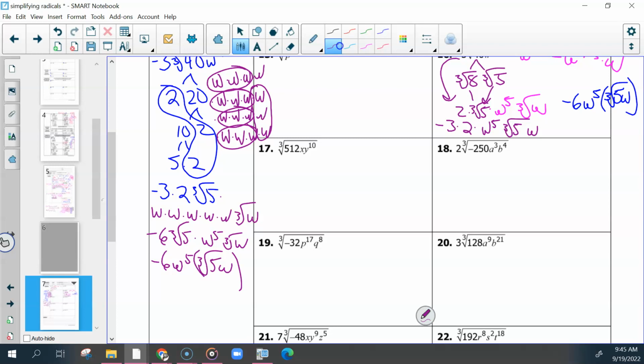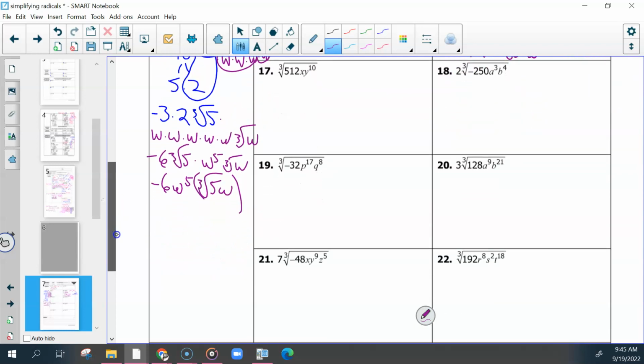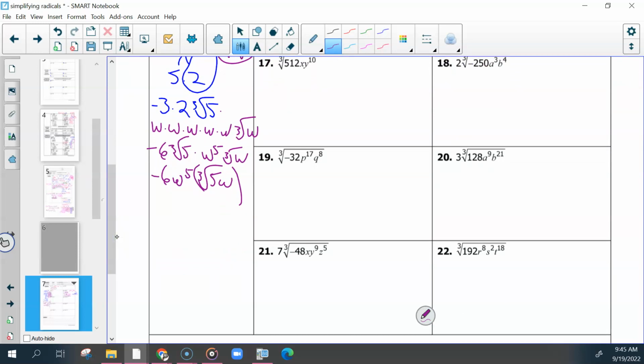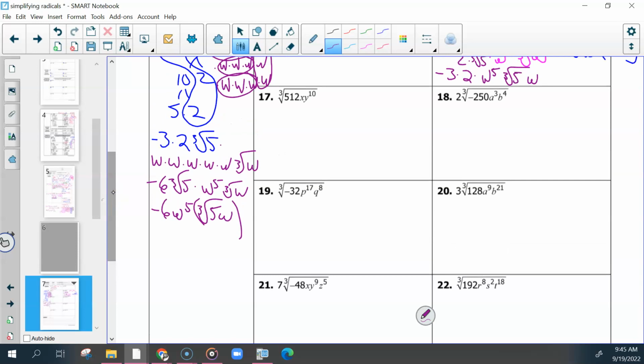Questions about that one? Either method? Find another one you want to do. You said the perfect cube. Okay. And then Kendall, you had your hand raised? Okay, cool.